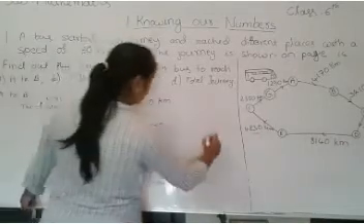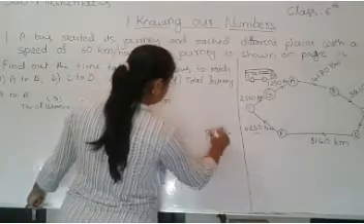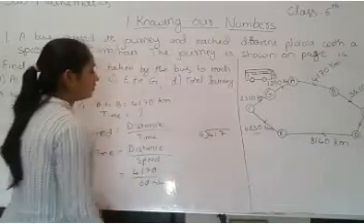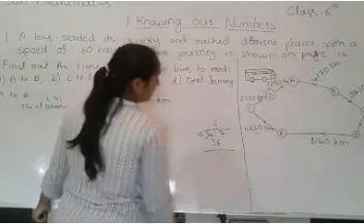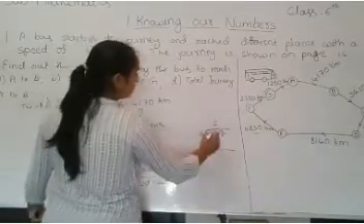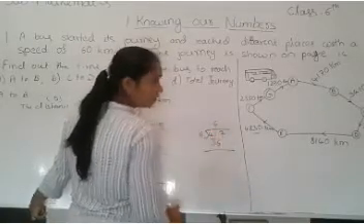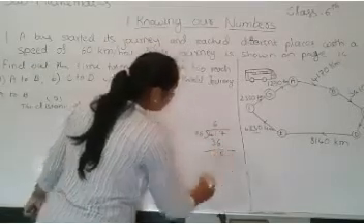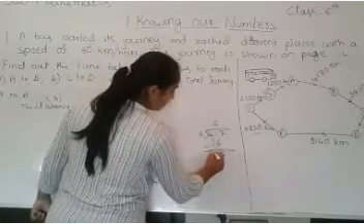We have to do division. 417 divided by 6. 6 6s are 36. Here one is smaller than 6, that's why you take here one, borrow 11. 11 minus 6 is 5. Remaining here 3 is there. 3 minus 3 is 0.